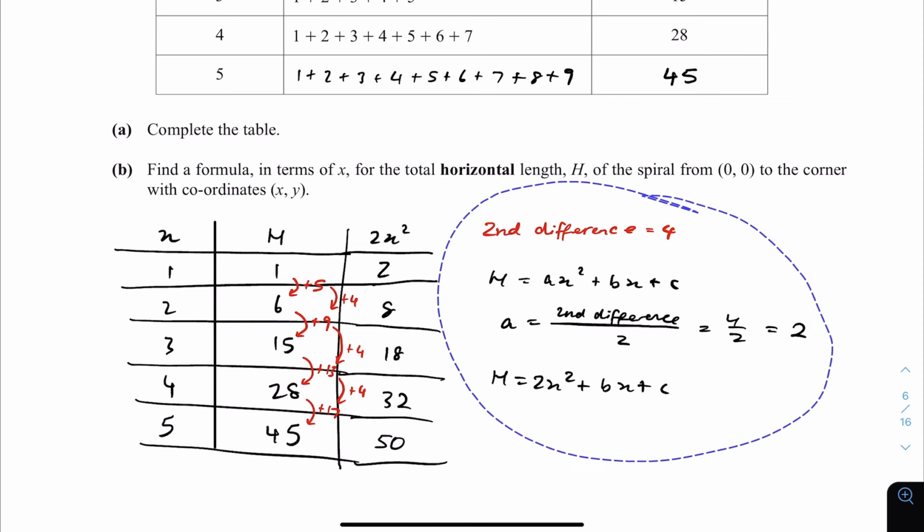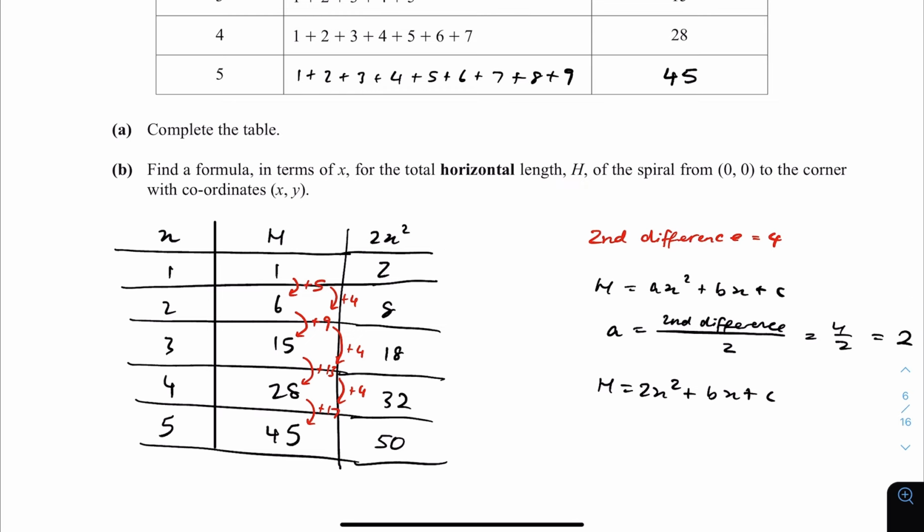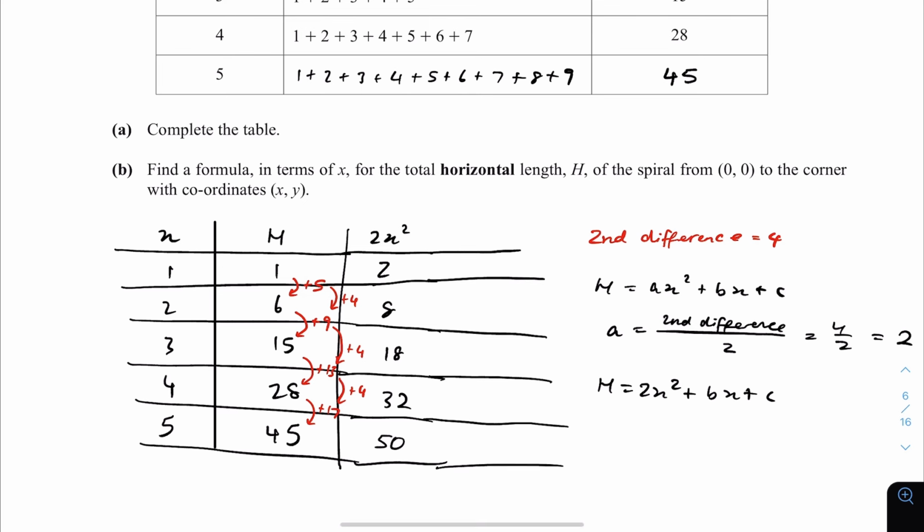Yeah, there, that's good. Now the next thing you're going to do is make another row on the table, and that's going to be for 2x squared minus h. So if we put those values in, we're going to get 1, 2, 3, 4, 5.